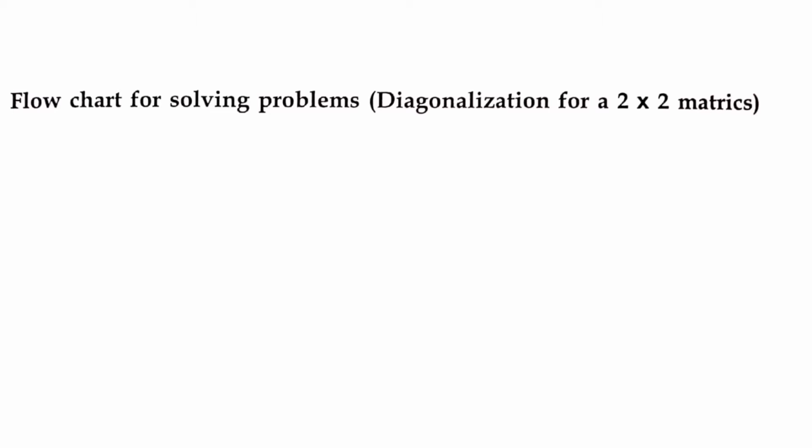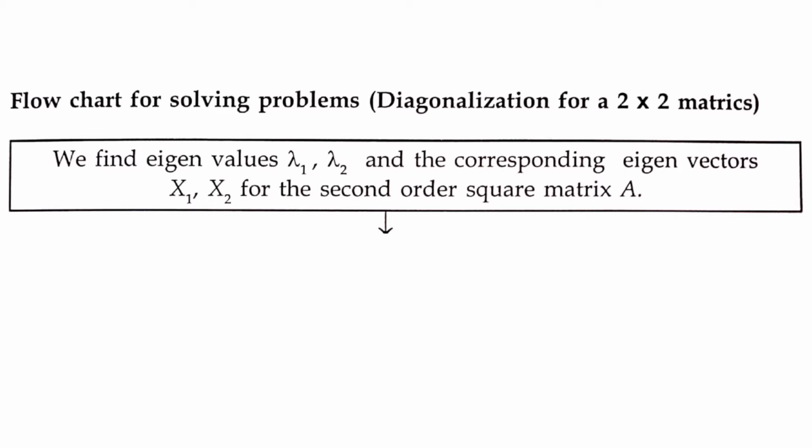Now let us see the flowchart for solving problems, that is, how to diagonalize the given matrix which is of order 2 cross 2. First step is we find eigenvalues lambda 1 and lambda 2.